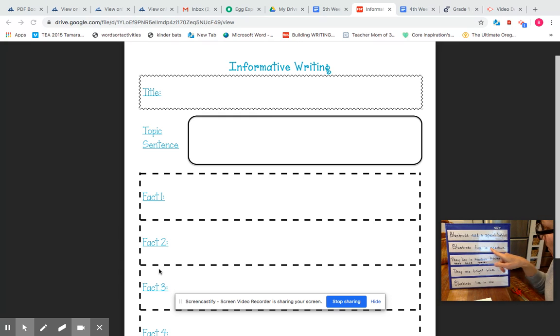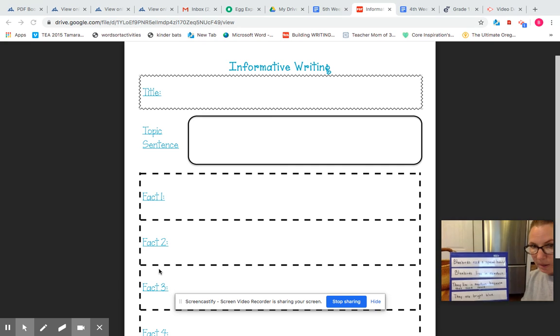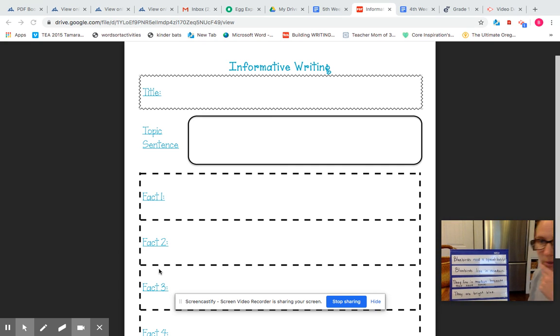Bluebirds live in meadows. They live in meadows because they need space. They are bright blue. Bluebirds live in the mountains in the summer. So we're remembering the name of this chapter and the purpose of this paragraph is to answer the question, where do they live?